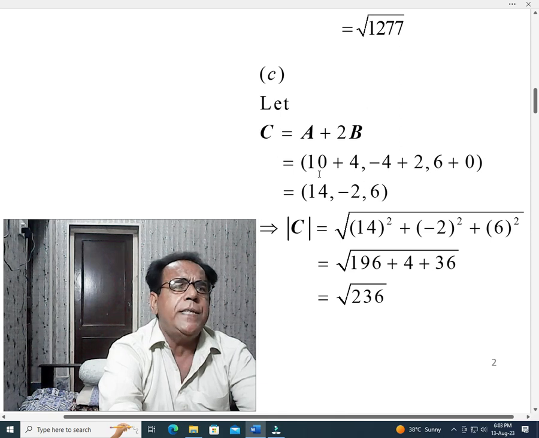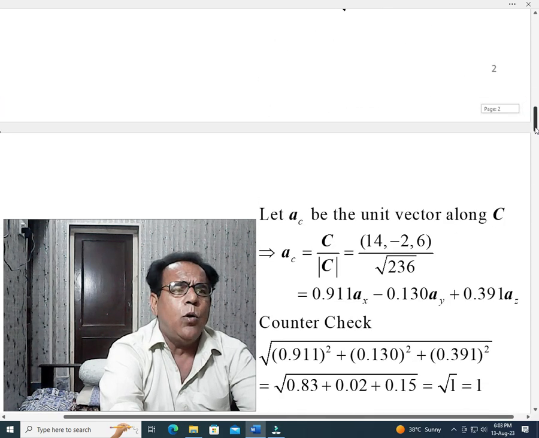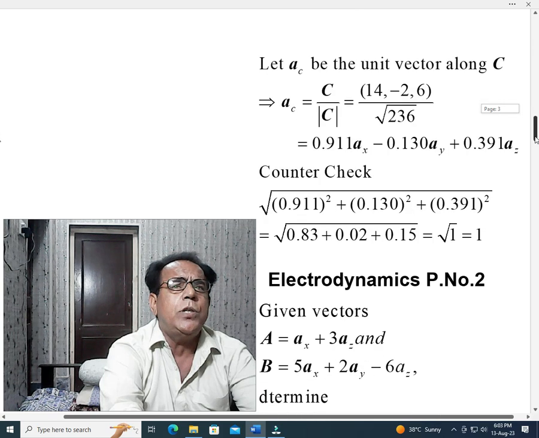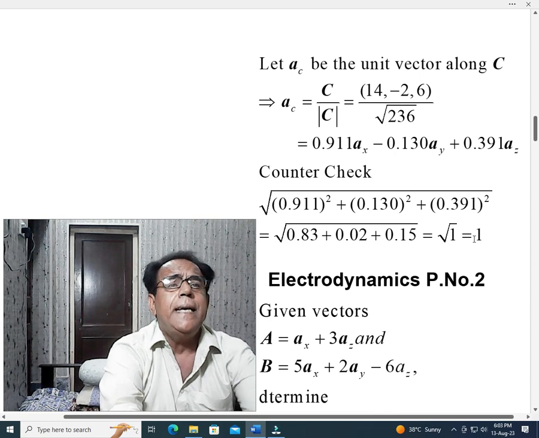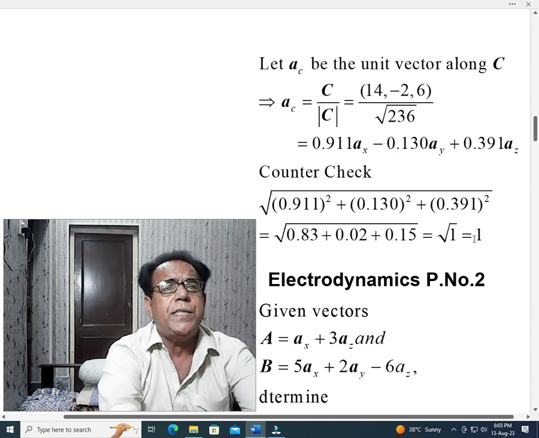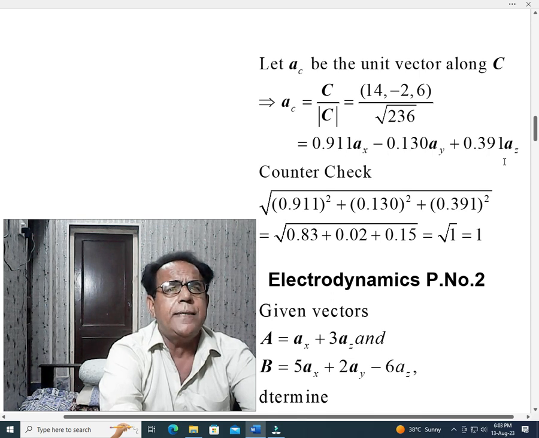So C is equal to this, C mod equal to this, and now let aC be the unit vector along the C vector. Then aC equals C vector over C magnitude. So it becomes equal to this plus this minus this plus this.